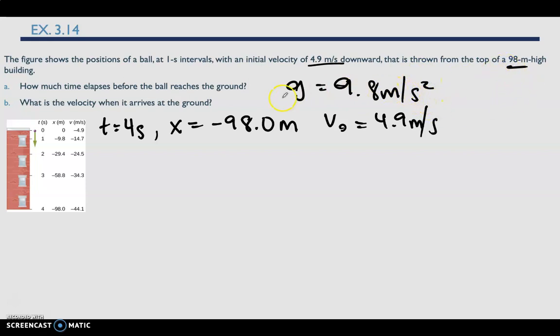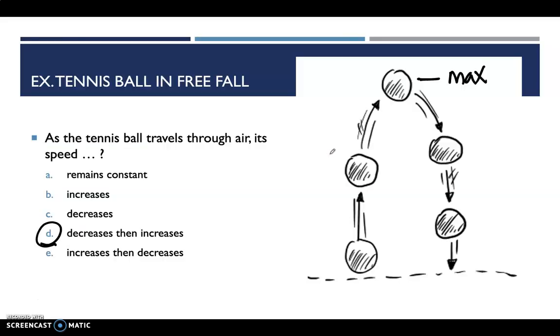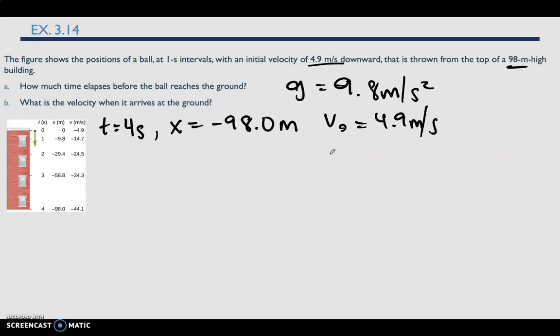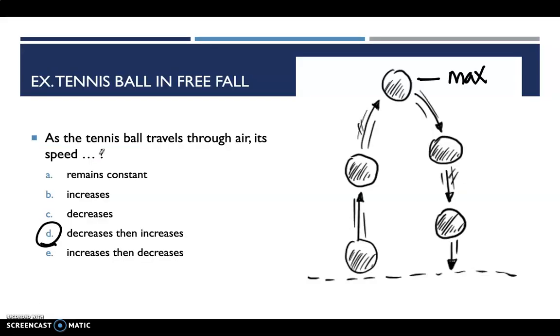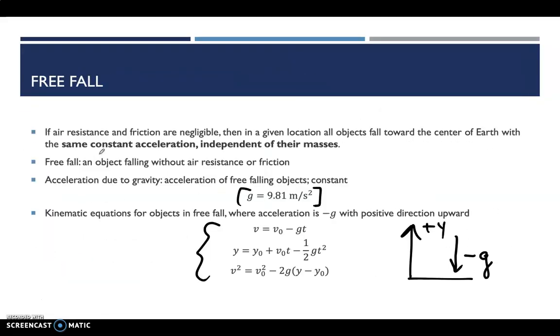So let's see. We know x, v naught, and t. And we want to, actually, we don't know t. That's what we're looking for. It states it here, but we want to solve for that, right? Sorry about that. We're going to go ahead and use one of these equations.